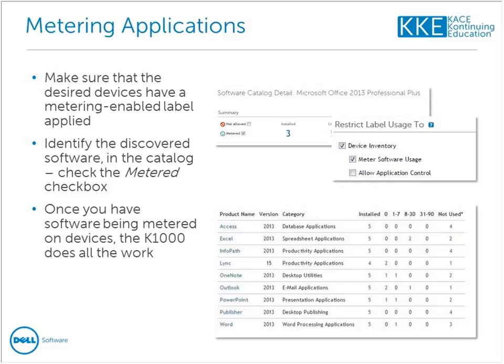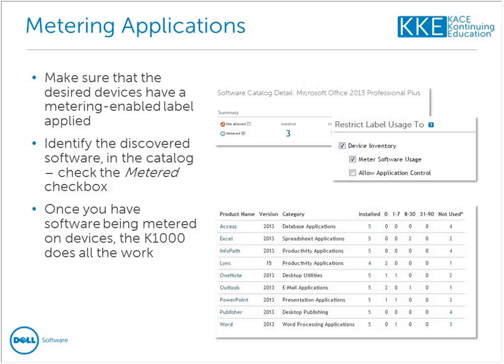We are doing some license compliance work, making sure that everything is being done correctly. I would like to know maybe why you haven't used it in the last 90 days, or is there going to be a need? Maybe only one time during the year you use that software, but you really do need to have it. Or maybe it's just something they like to have. They don't really need to use it.